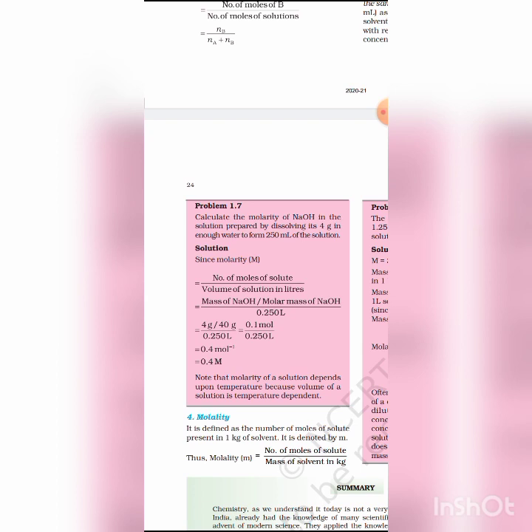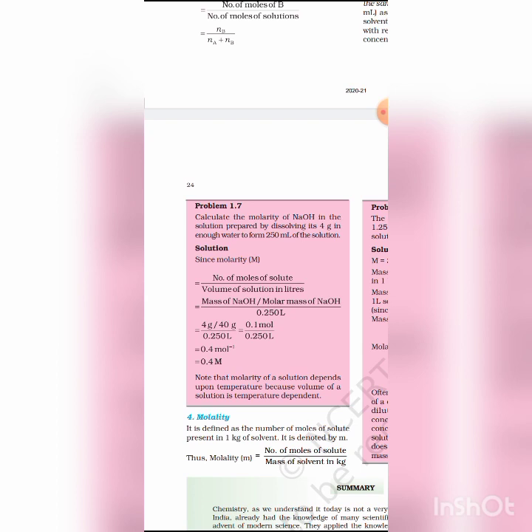Okay, 250 milliliter of solution. So we have to convert this 250 milliliter of solution into liter, because our formula of molarity is number of moles of solute by volume of solution in liter. Okay, so we have to convert 250 milliliter into liter, that is 0.25 liter.